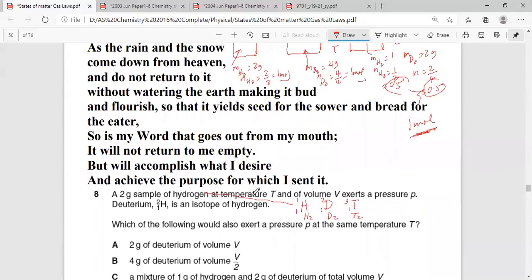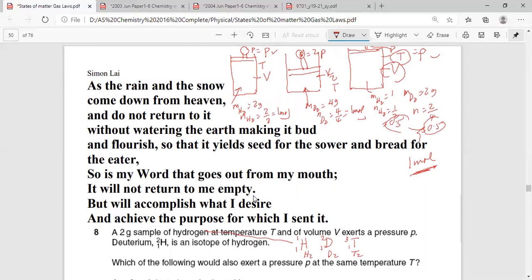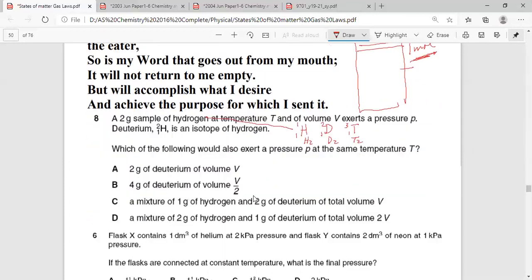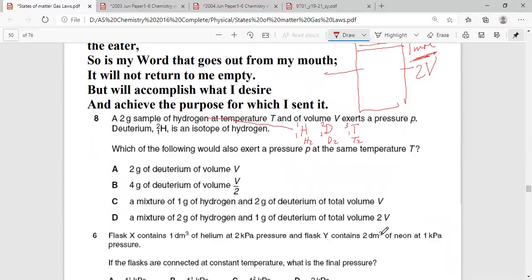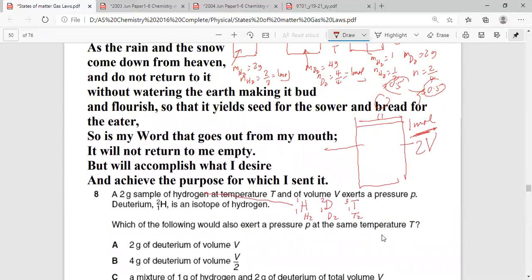Now, here, D. If I draw here, remember, double the volume, big V. Here's V, 2V, the volume is 2V. Here's P. What did I put inside here? It says 2 grams of hydrogen, so the number of moles is 2 over 2, which is 1 mole.